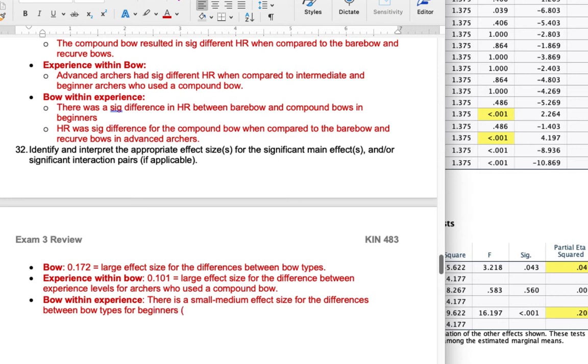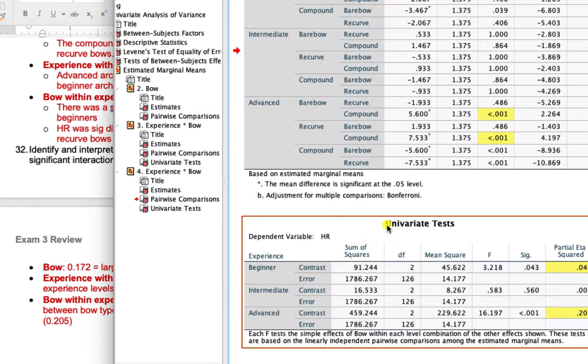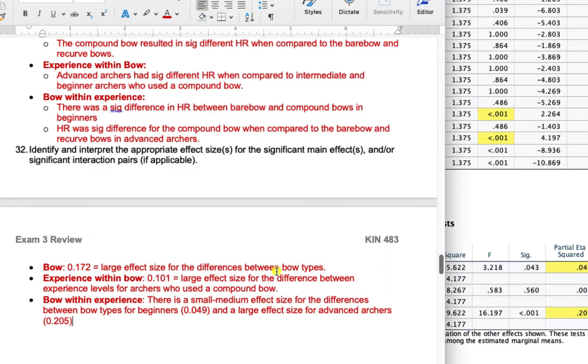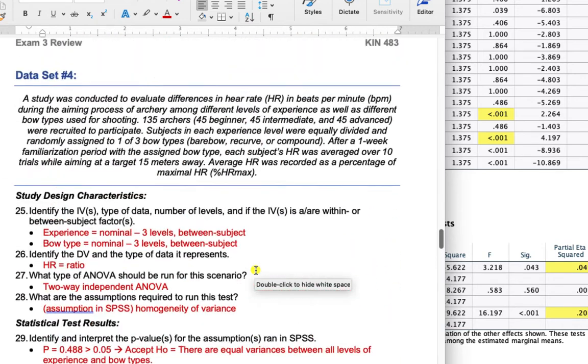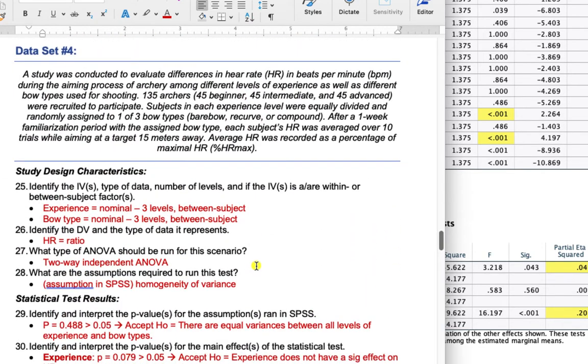And that gave us a partial eta squared of 0.049. And there's a large effect size for advanced archers, and that was a partial eta squared of 0.205. So both of those came from this univariate test down here. All right. So that completes our dataset 4 example.